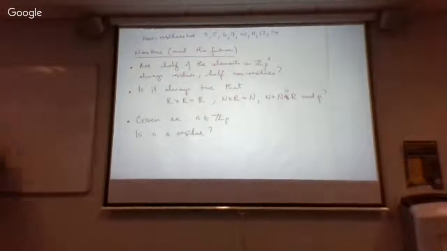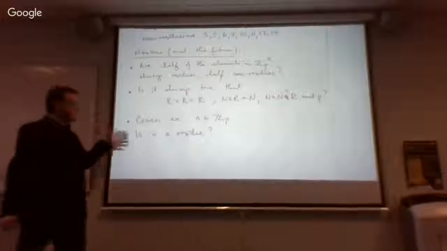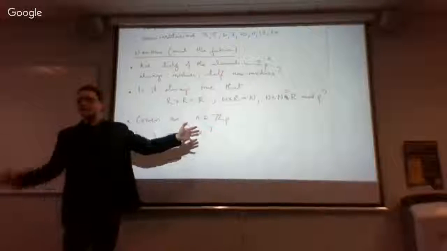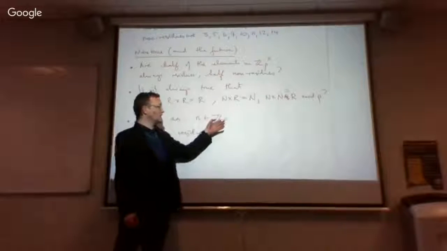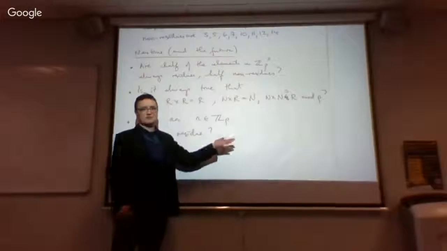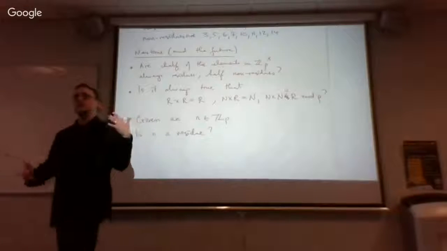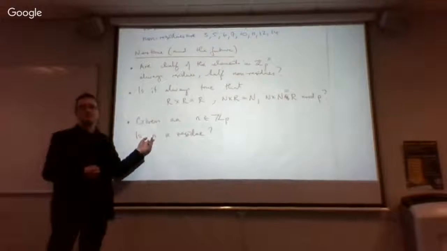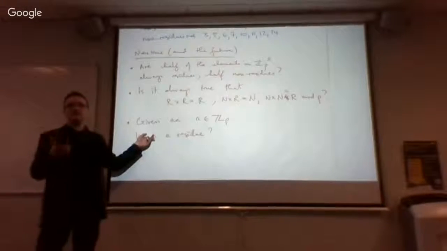Okay, we can find out the answer to that question by a naive means, which we've done so far, of looking at all the elements in Z_p and squaring them, just to see which elements crop up as being residues. So that's a kind of trial and error way of answering this question. Is a given element a residue?